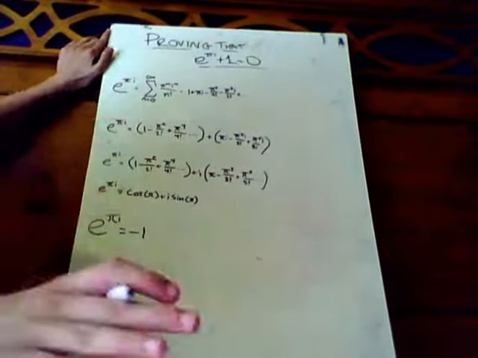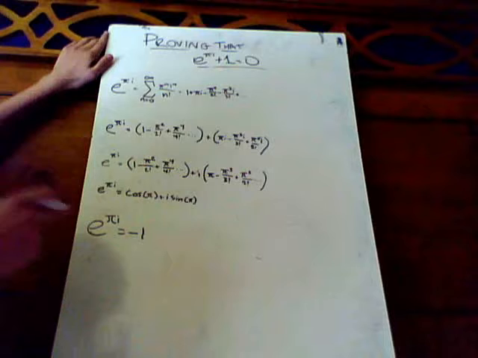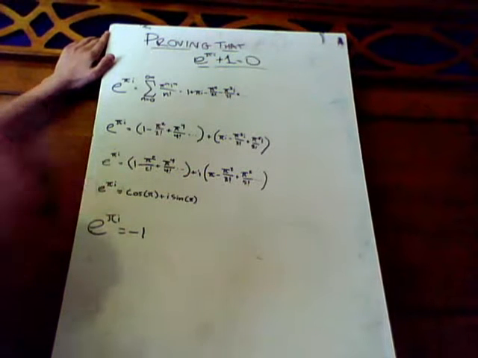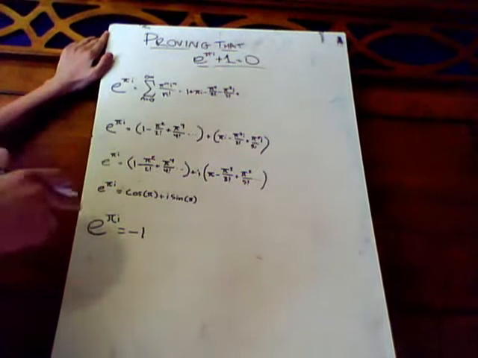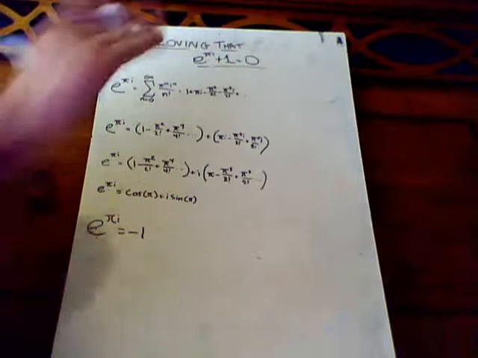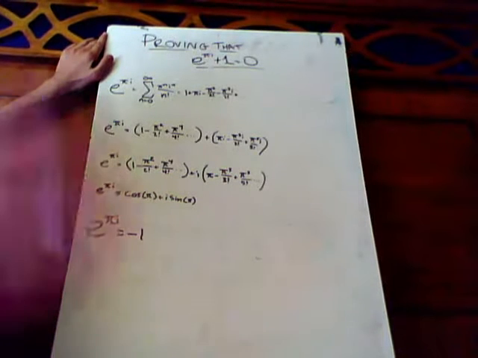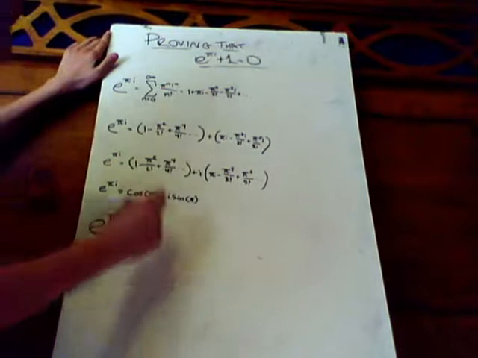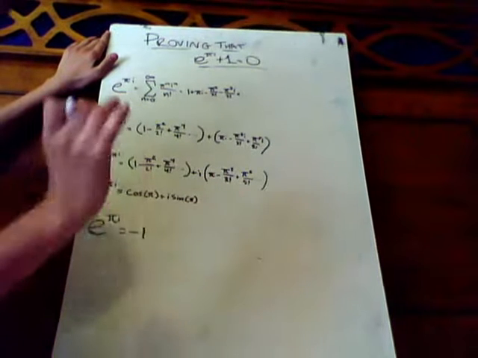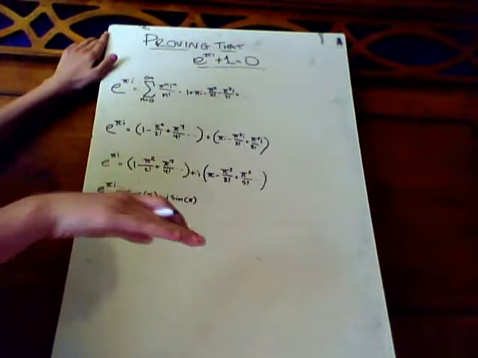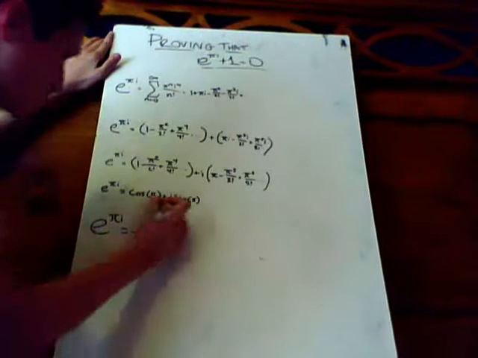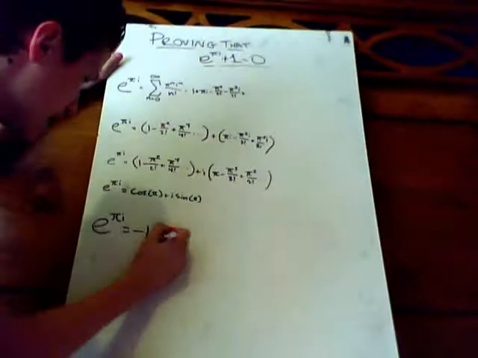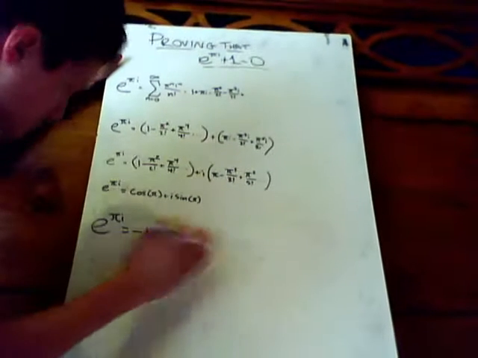Oh, I forgot to mention this. This expression only works in radians, never in degrees. Pi radians is equal to 180 degrees. Cosine of x is the x-coordinate, so that would be -1. Sine of pi is equal to 0, because we're on the axis. There's no height there. So plus i times 0, which is going to equal 0.